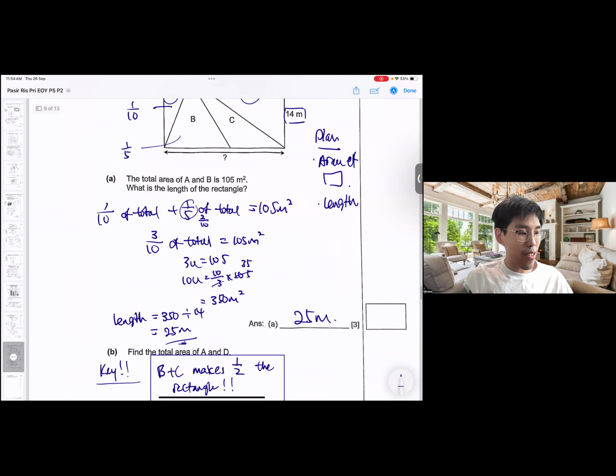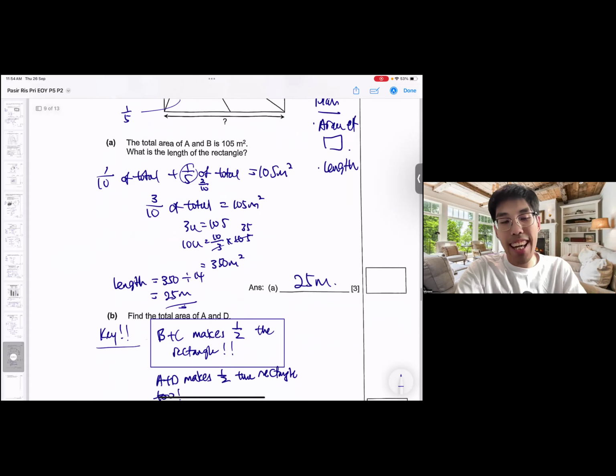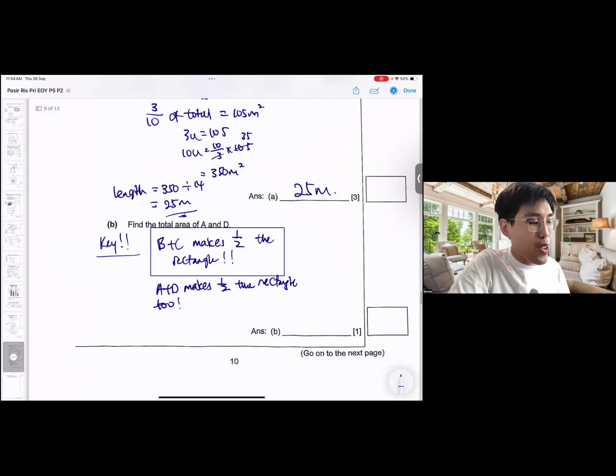Okay, go back to that question and see. So A and D makes up the other half because B and C makes up half. So once we know this, it's very clear already. That's why it's only a 1 mark question. You must be able to notice this.